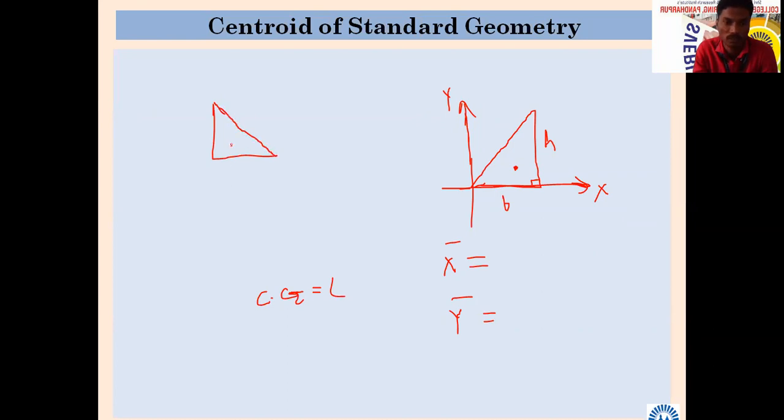Maybe something like this. Here it is suppose b, so b by 3, and here we can say h by 3. So suppose this height is h by 3.